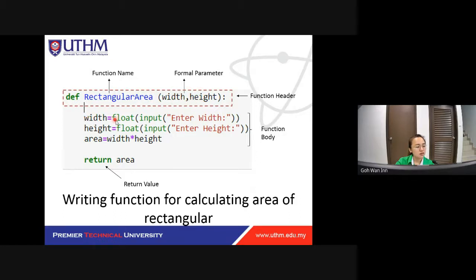So width is the float input, enter width, and then height is enter height, and then area. The body is the same, nothing changed. You just separate this into a sub-function, into a modular program. And then you return the value. When you have finished calculating, you need to return the value to the main function. Later we'll see the example.